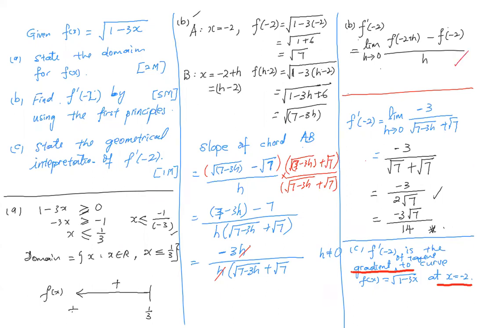Go ahead, I say. Okay, thank you. But make sure you write limit all the way through, until the last step. If you miss out your limit, I tell you one mark will be missed. Do you get me? Yes.